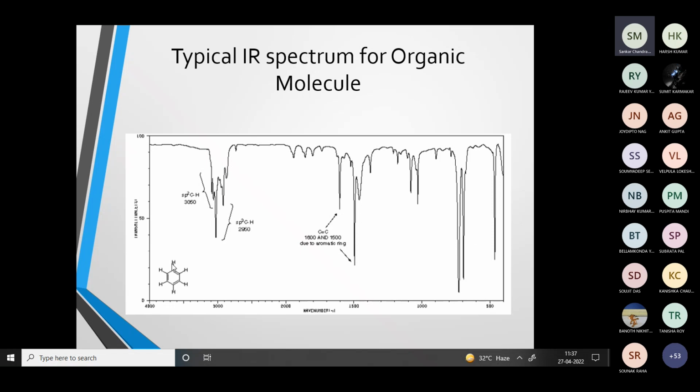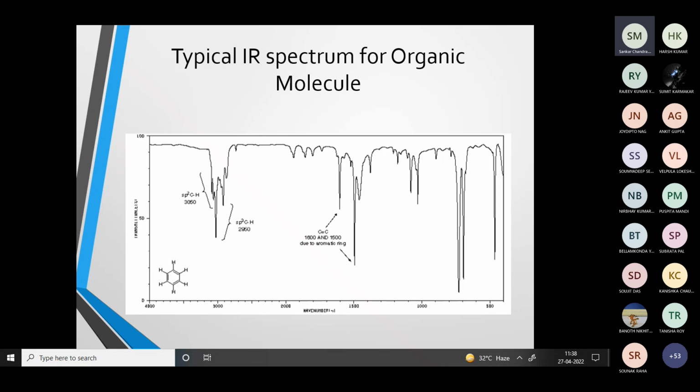And you see here, this spectrum is taken from 4000 to 400. It is divided into two zones. One is the low frequency zone, below 1200 or 1400. This zone from 400 to 1200 is the fingerprint region.